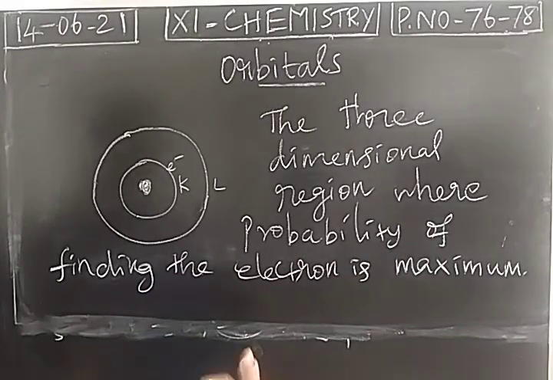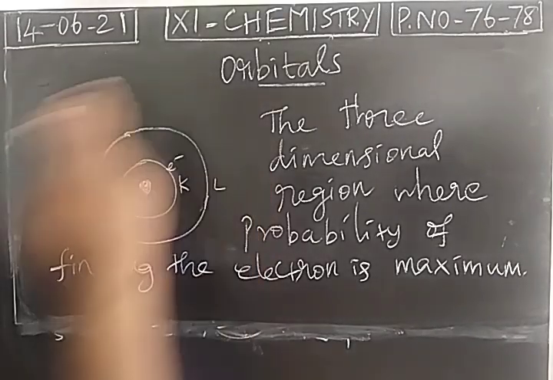That means the electron will spend most of its time in that three-dimensional region. It is called an orbital.